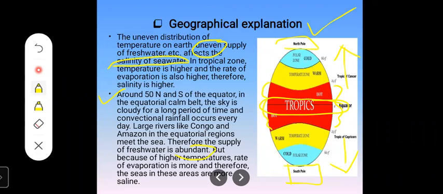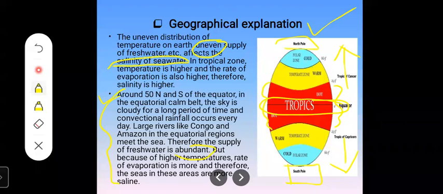This point is related to that activity only. How we kept that container outside the house under the sun rays, in that container the salinity was more. And the two containers we kept inside, in that the salinity was less because there were no sun rays, no heat, no temperature, and daily we were putting fresh water in it.